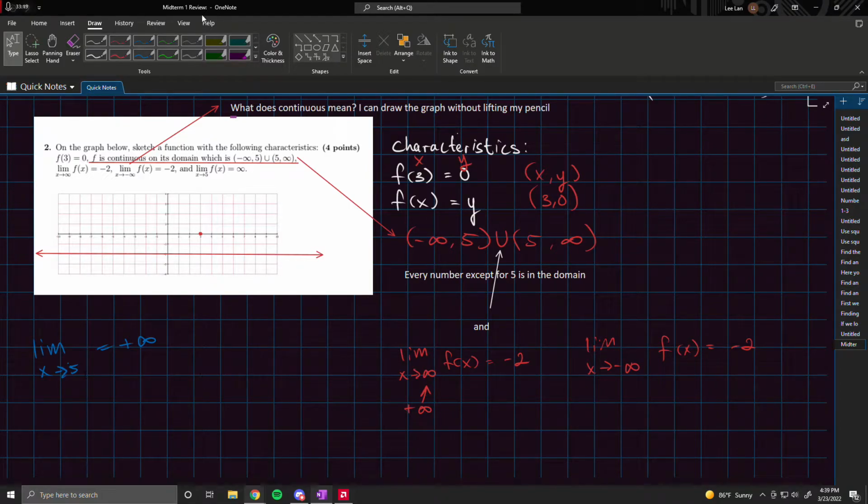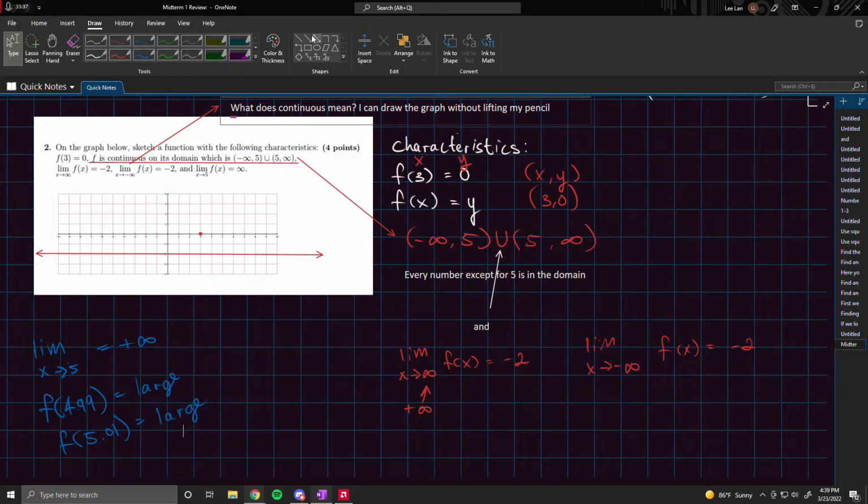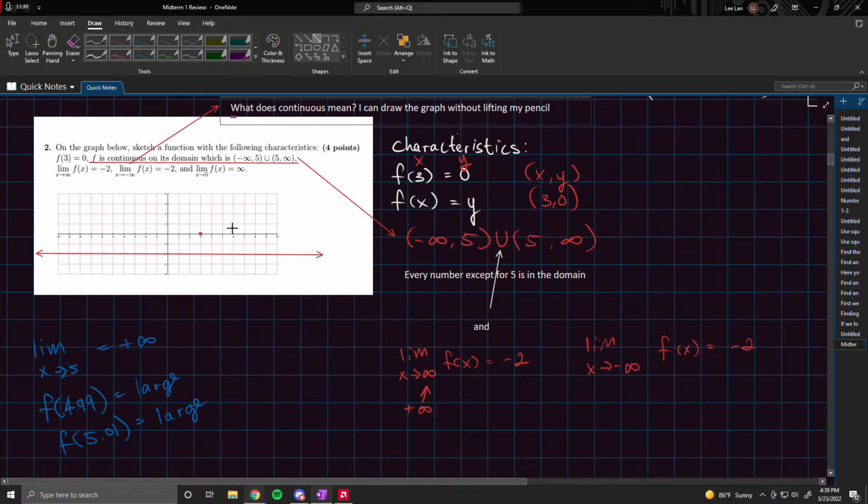But if I plug in, let's say, function of 4.99, I should get something large. And similarly, function of 5.01, I should also get something very large. And so in the context of this graph, what does that mean? Well, I have a vertical asymptote at 5.